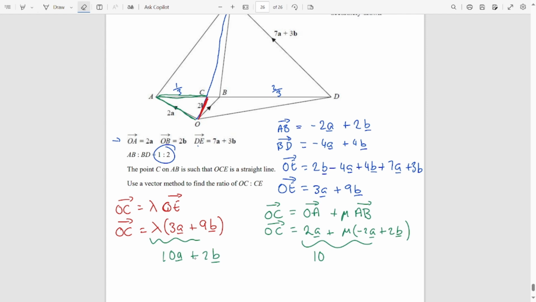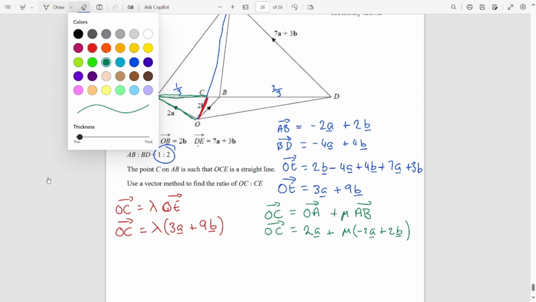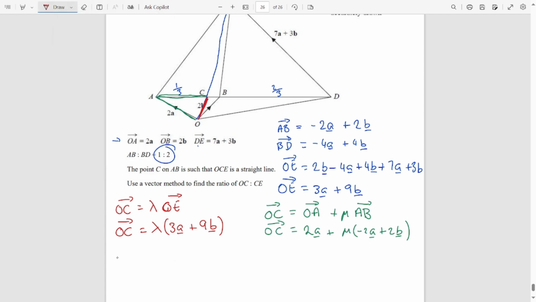So what I need to do is look at the vector on the left, the red vector, and ask, well, how many A's are there and how many B's are there? And then I will do the same for the green. Now for the red one, it is easier because all we need to do is expand that bracket. So I'm going to say OC is 3 lambda A plus 9 lambda B. And so that is how many A's and how many B's we have.